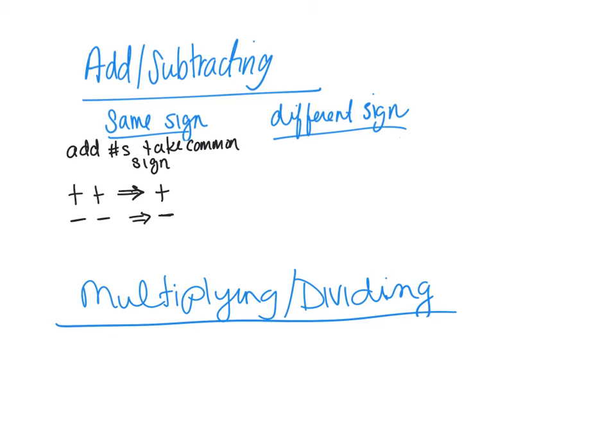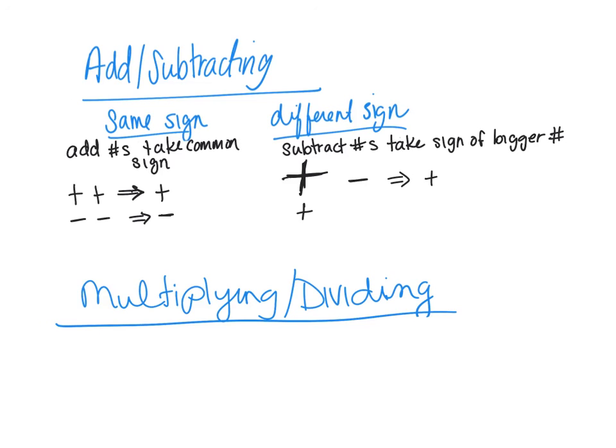If the signs are different, we're going to subtract the value of the two numbers, and we're going to take the sign of the bigger number. If there's more positives, then the answer is going to be positive. If it's a bigger subtraction sign, the answer is negative, because there's more negatives to take away.